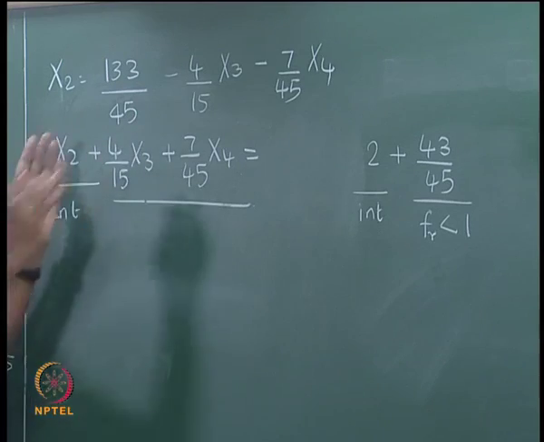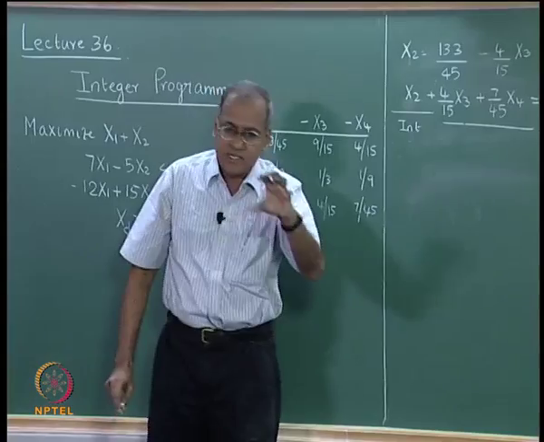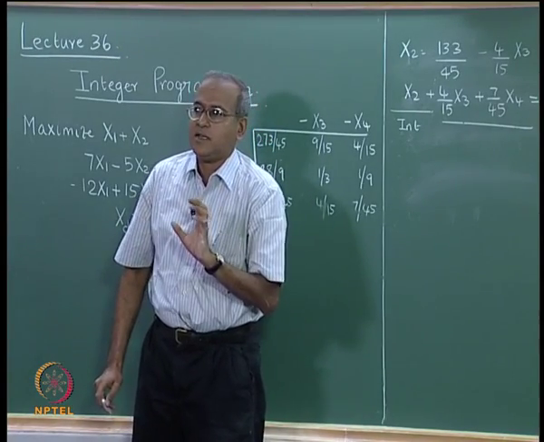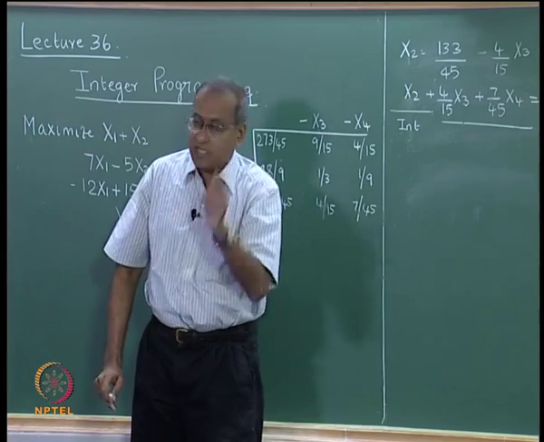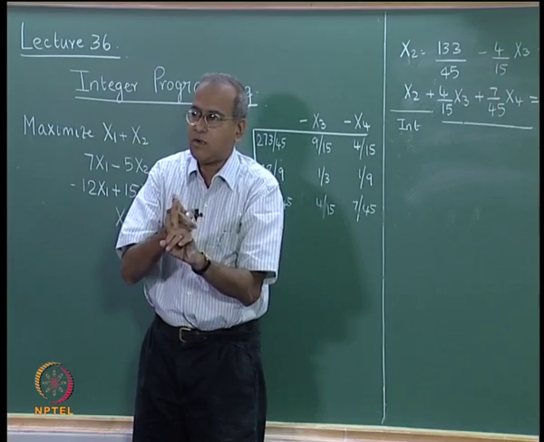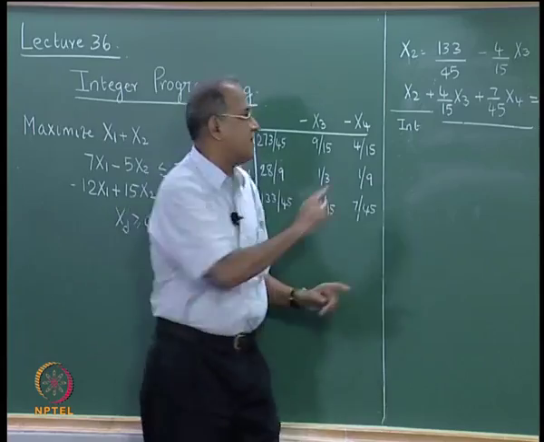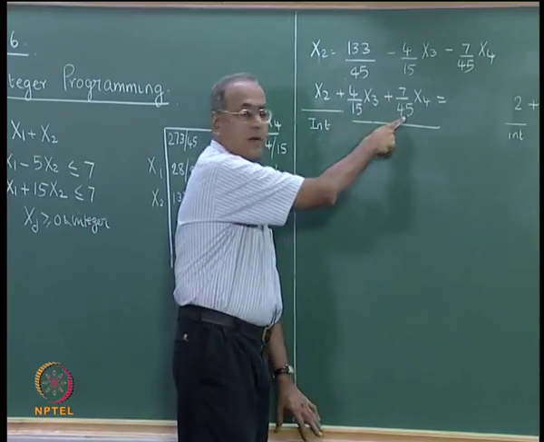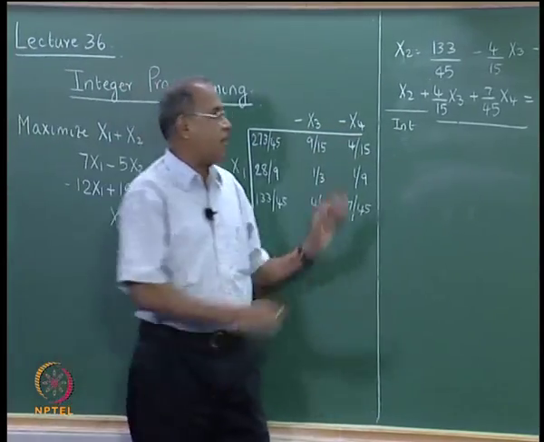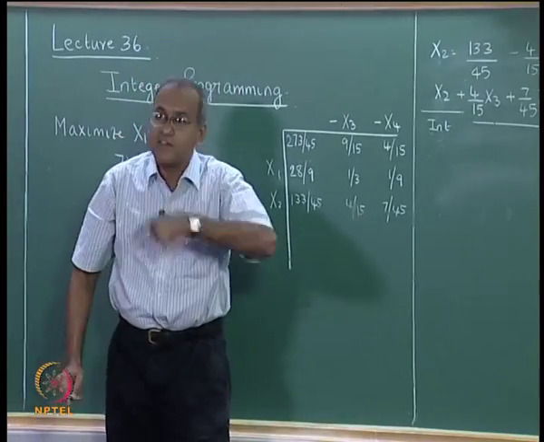So this portion alone can be an integer plus a positive fraction less than 1. It can either be a positive fraction less than 1 or a positive integer and a positive fraction less than 1, because this is a positive coefficient, this is a positive coefficient, these two have to be greater than or equal to 0, therefore this quantity cannot be a negative quantity the way we have written it.